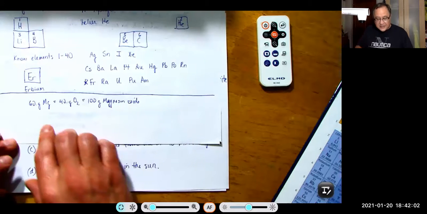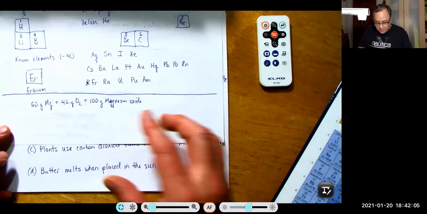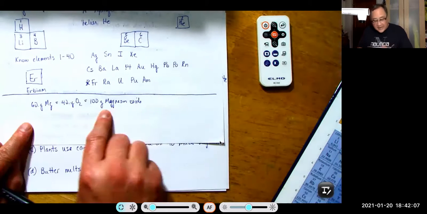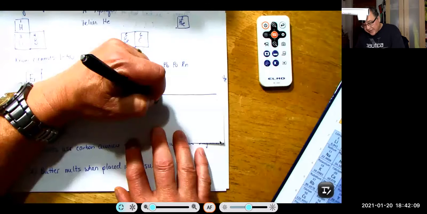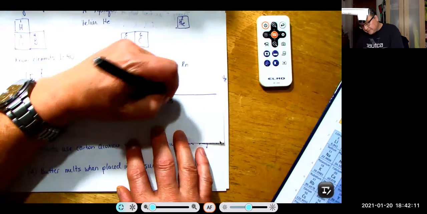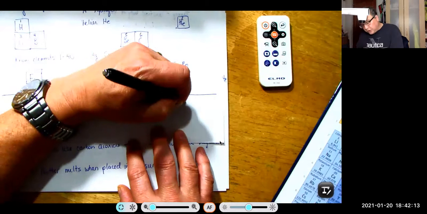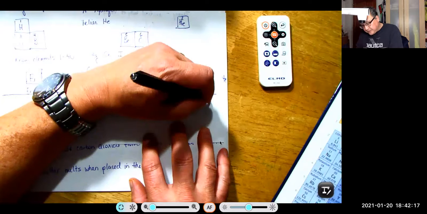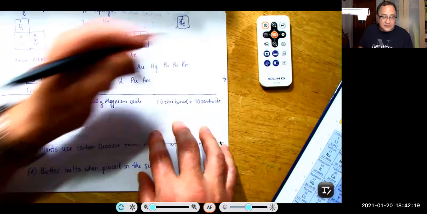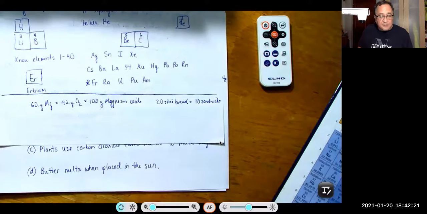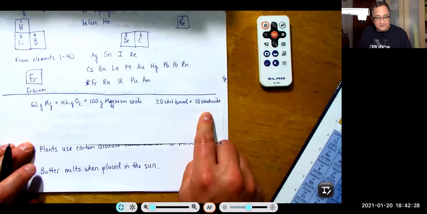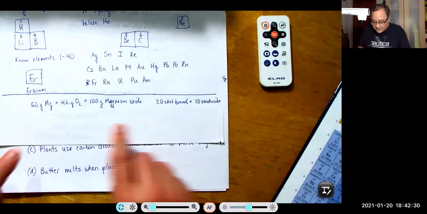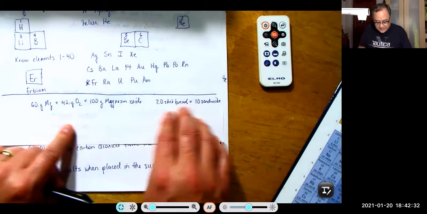Magnesium and oxygen aren't the same. They can't be equal. But it's like saying 20 slices of bread equals 10 sandwiches. Now, I'm not trying to say that you only need 20 slices of bread to get 10 sandwiches. You need the filling, absolutely. But what I'm saying is 20 slices of bread will get me 10 sandwiches. So that's what this equal sign means.